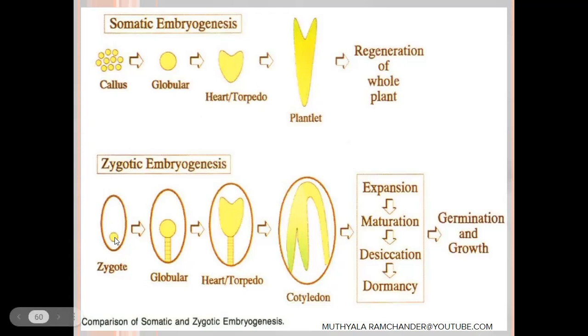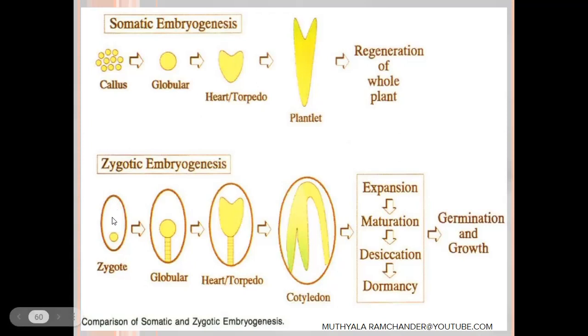Near the zygote, the primary endosperm nucleus is present, and outside of this embryo sac, perisperm tissues are present. Perisperm tissues are also called nucellus tissues before the fertilization. But the nucellus tissues are called perisperm after fertilization.